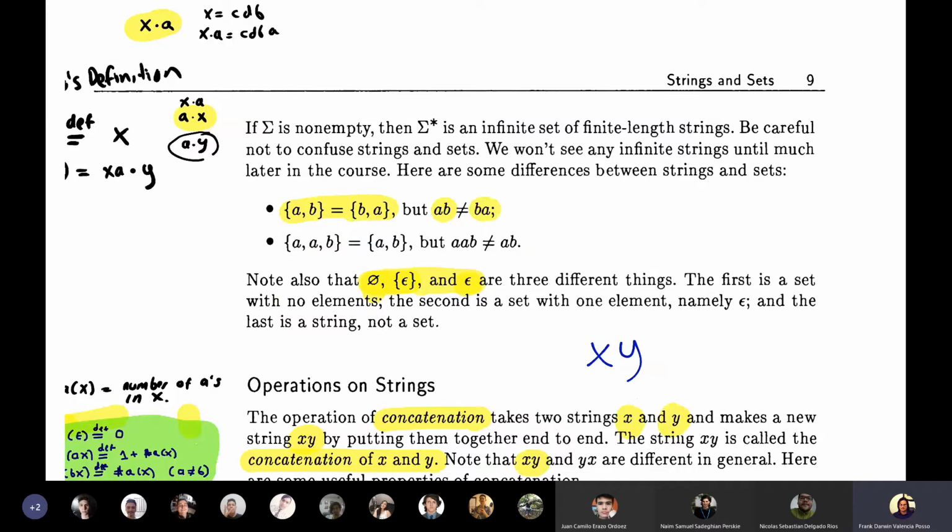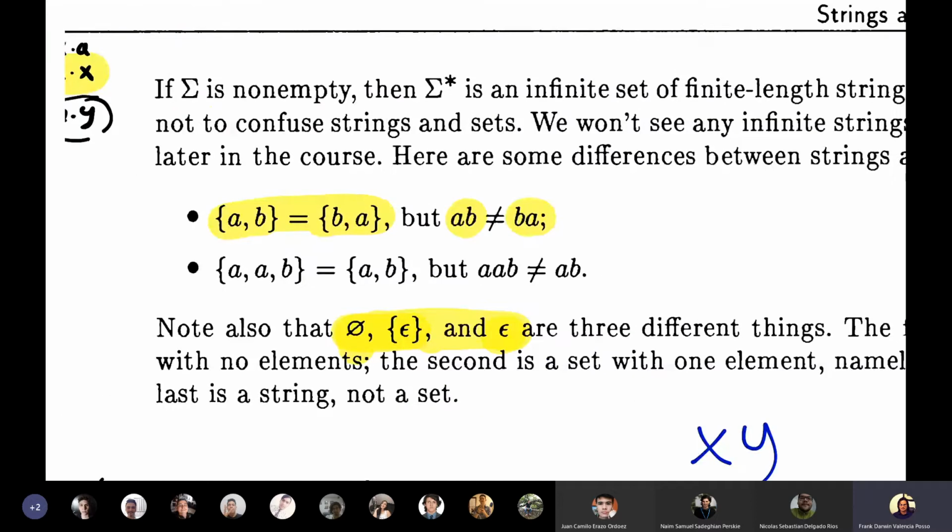Of course you know that in a set the order doesn't matter, but in sequences it does matter. So the set A B is the same as the set B A, but the string A B is different from the string B A. One parenthesis here. Sometimes I'll say sequences, sometimes also string, meaning the same thing.